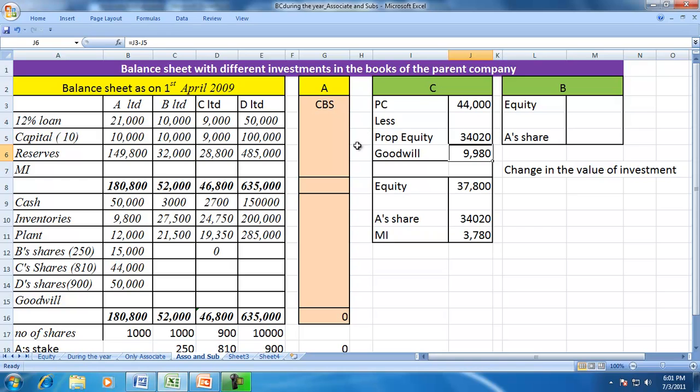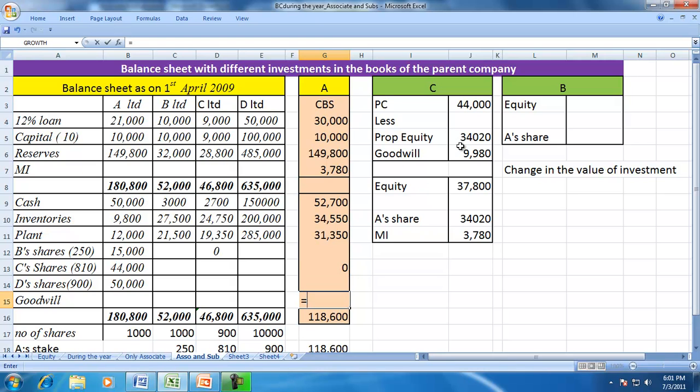And so let us start working on the consolidated balance sheet. The consolidated balance sheet will show the assets and liabilities of A plus the assets and liabilities of C. No change in the capital, no change in the reserves, minority interest will appear, then cash of both A and C, inventories of A and C, plant of A and C will appear, and C's shares will not appear on the balance sheet because it is consolidated.